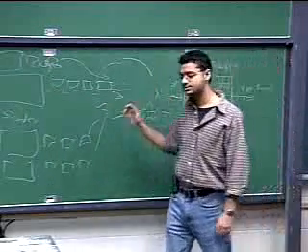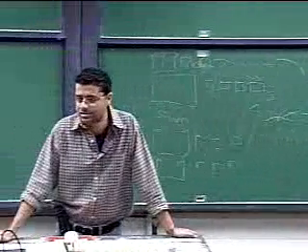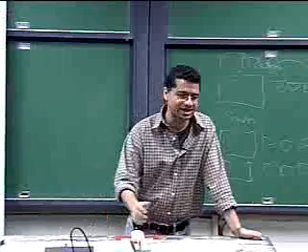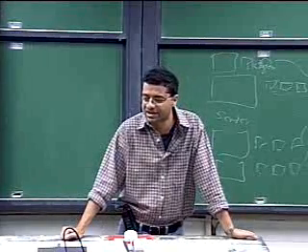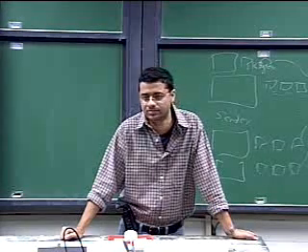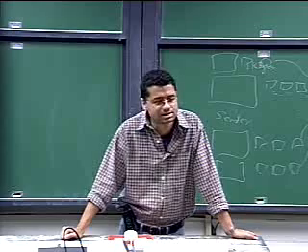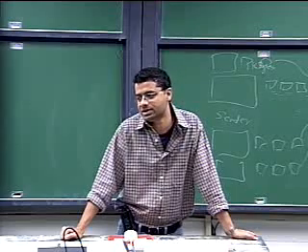So when you start downloading a web page, your computer has no idea how many other links, how many other flows are sharing the link that you're going to go through. So how does your computer know what rate to set your connection at?